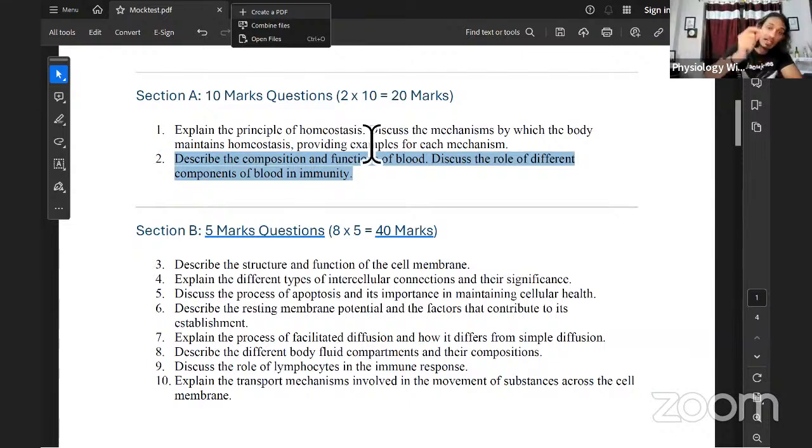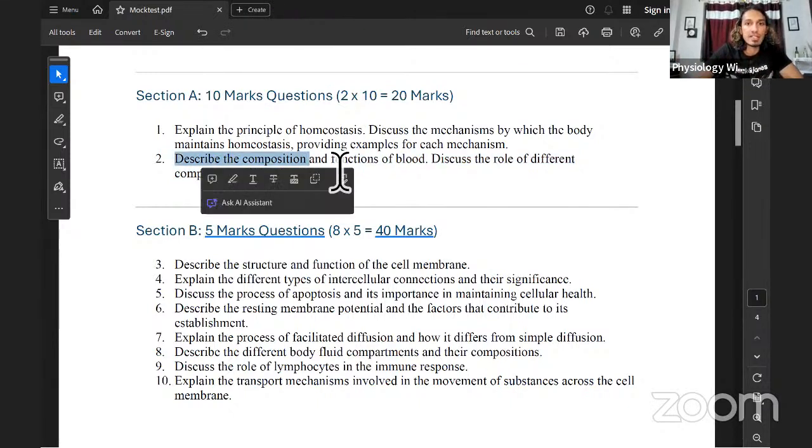Apart from that, I was talking about the 91% water, the organic component, inorganic component, 7%, 1%, and how plasma proteins are there. Talk about what the different types of plasma proteins are. So plasma proteins, RBCs, WBCs, and platelets, the cellular components, along with the plasma and the fluid. Okay, so these are all the different compositions.